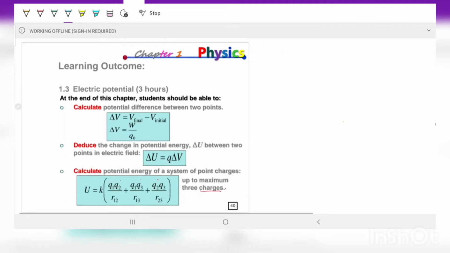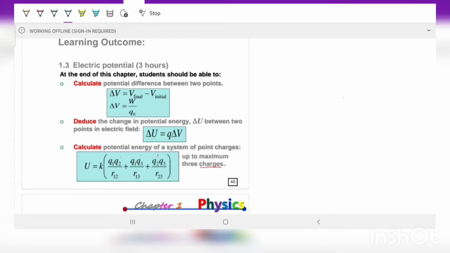potential energy. Okay, so this is where we're going to start.